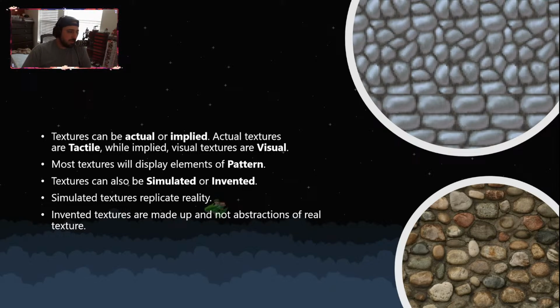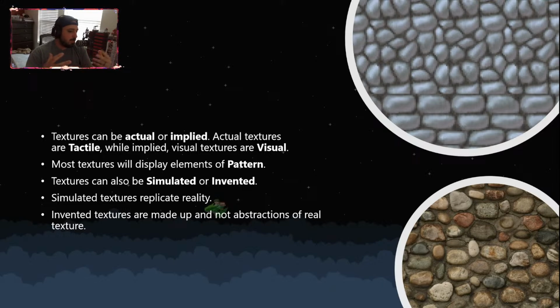Invented textures are made up and not an abstraction of a real texture. If you were to play a game and jump into an alien planet and there is some type of flora or fauna that has a texture that doesn't exist in our universe or our world, that's an invented texture.